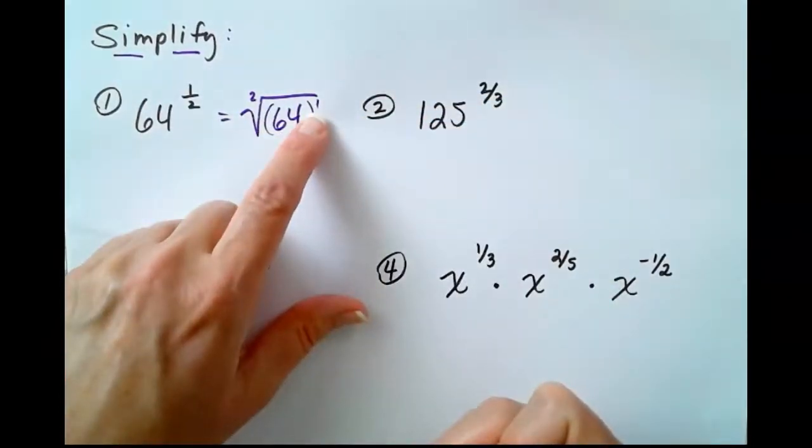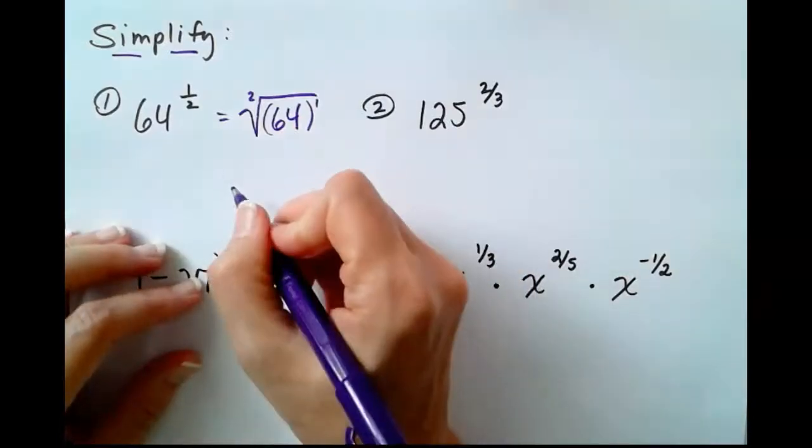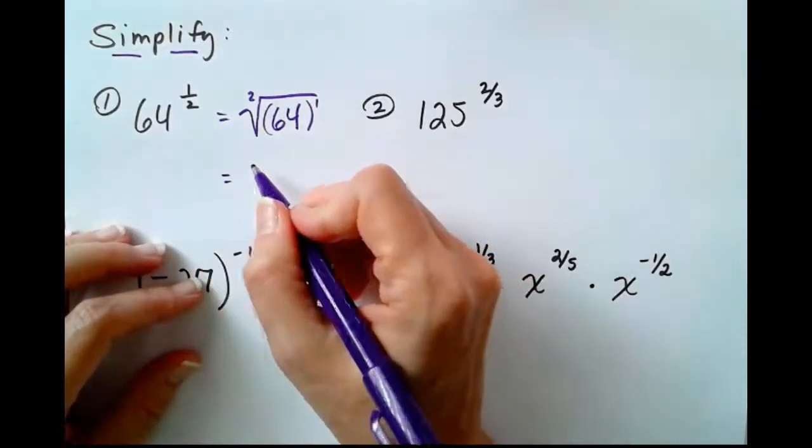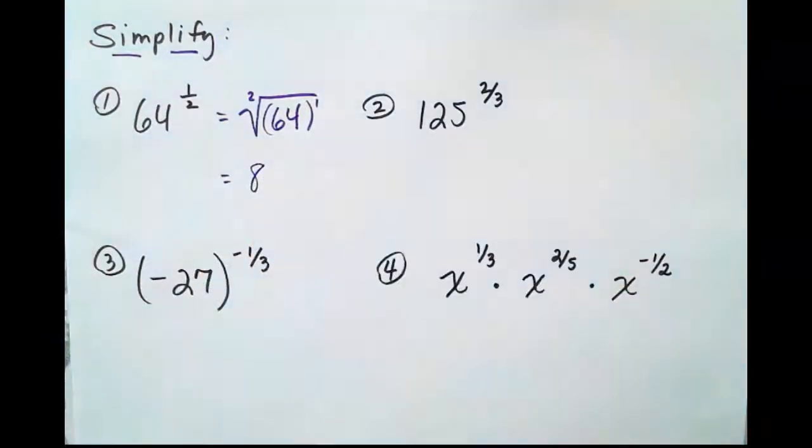Now it's really not necessary to put that 1st power, but I wanted you to see both of them. So the square root of 64 is just 8. And of course, when we're simplifying, all we're going to consider are the positive principal roots in terms of a square root.